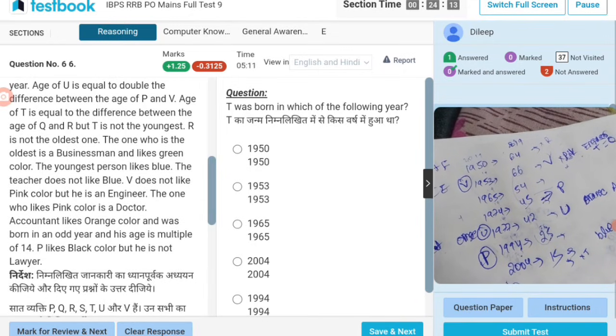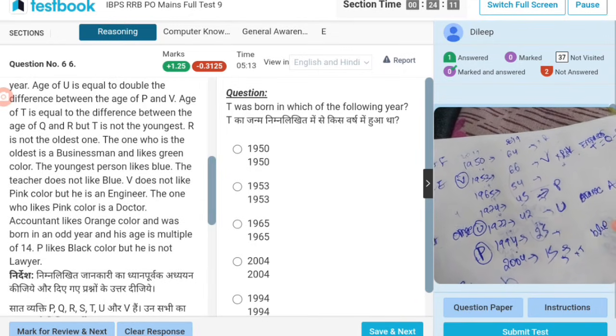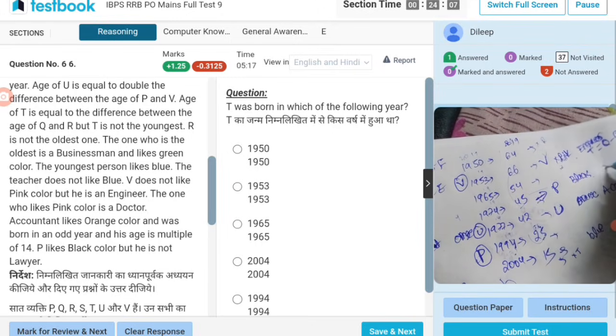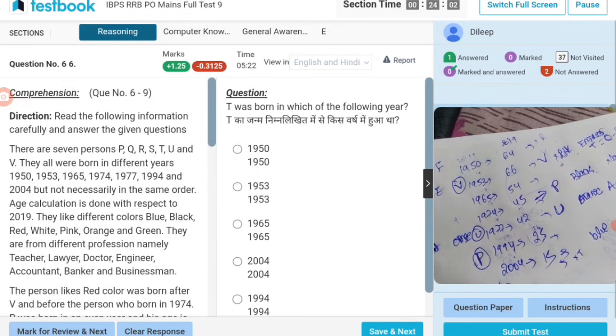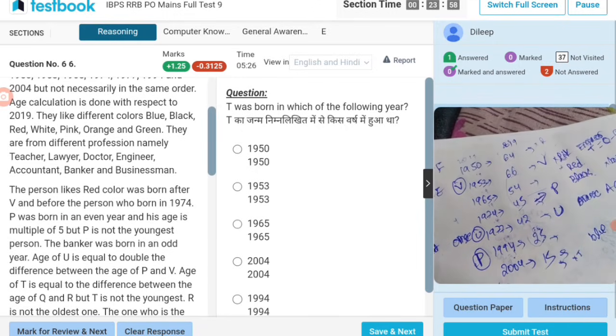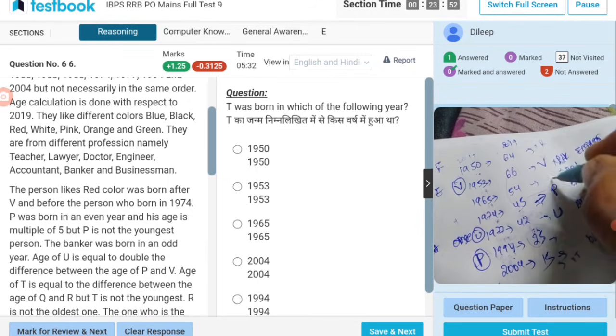Next. P likes black color and he is not a lawyer. So black lawyer. So red. Next.